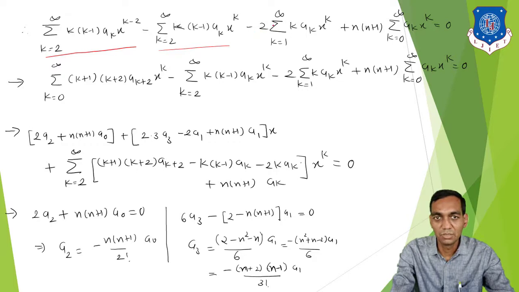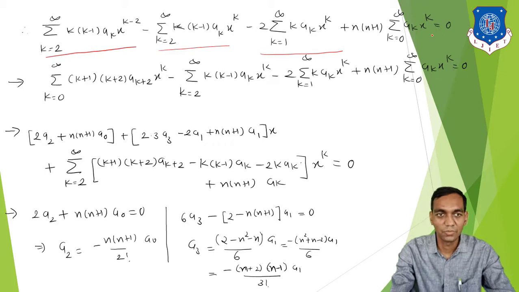Then minus 2x multiplied inside gives minus 2 sigma k running from 1 to infinity k ak x raised to k, plus n(n plus 1) sigma k running from 0 to infinity ak x raised to k is equal to 0.